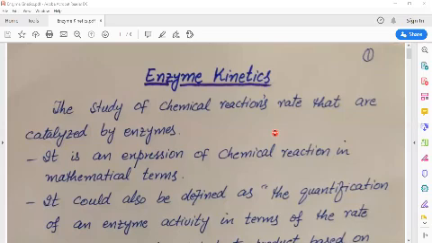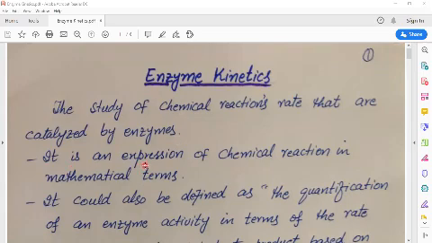Today we will learn about enzyme kinetics, the study of chemical reaction rates that are catalyzed by enzymes. As we know, enzymes are biological catalysts which enhance the rate of biochemical reactions.